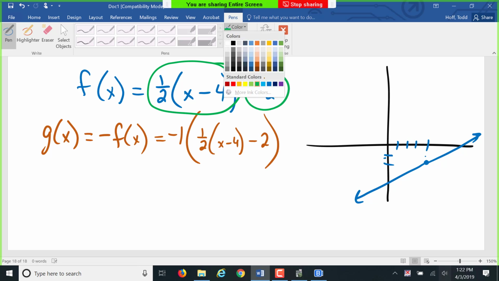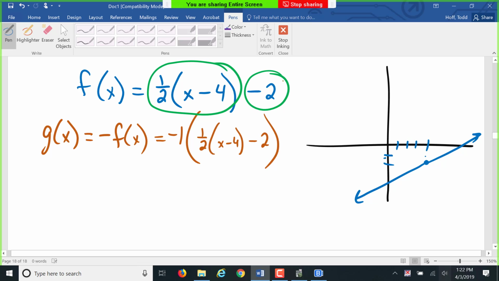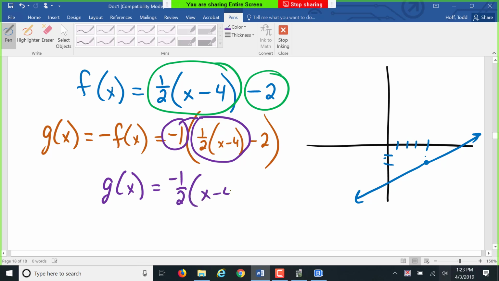So when I multiply by negative 1, I only have to multiply each of those pieces. So g of x is negative 1 times 1/2 times x minus 4. I just have to do negative 1 times 1/2 is negative 1/2 times x minus 4. How about negative 1 times negative 2?